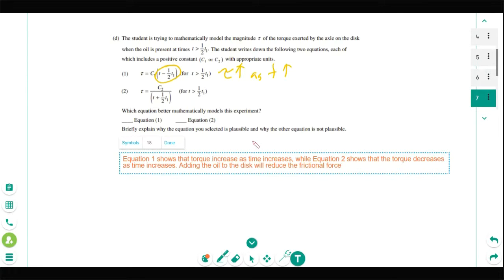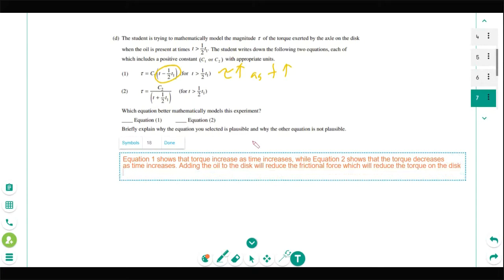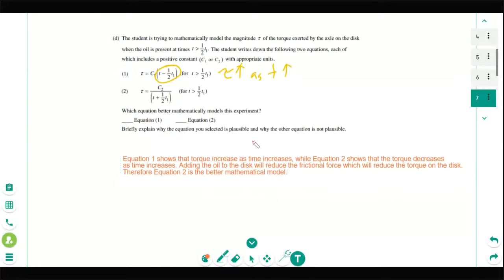Yeah, the torque should go down. Yep. And there is my reasoning for it, but it is equation 2 is good, equation 1 not so good.